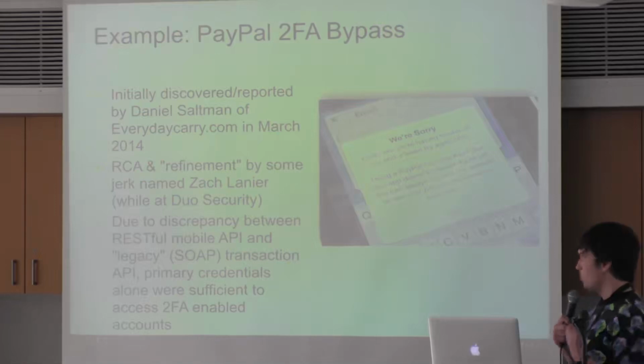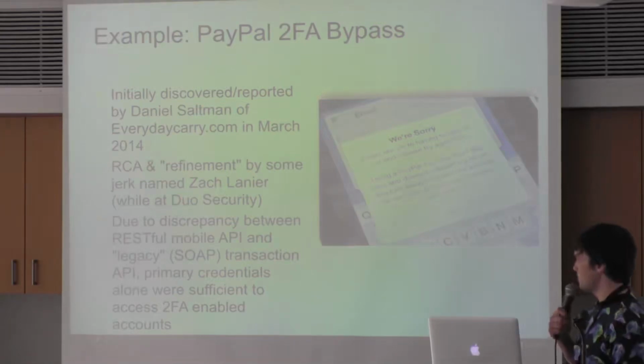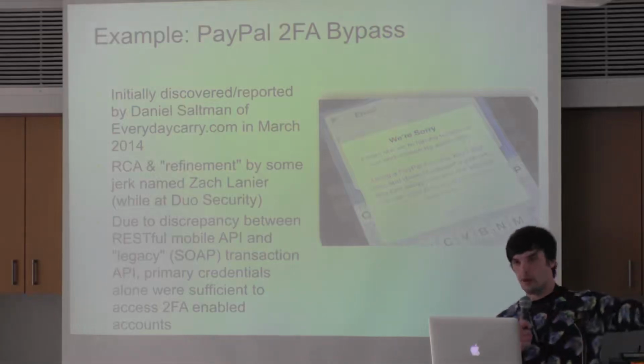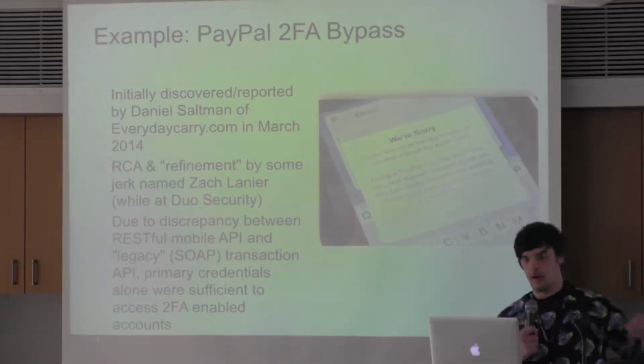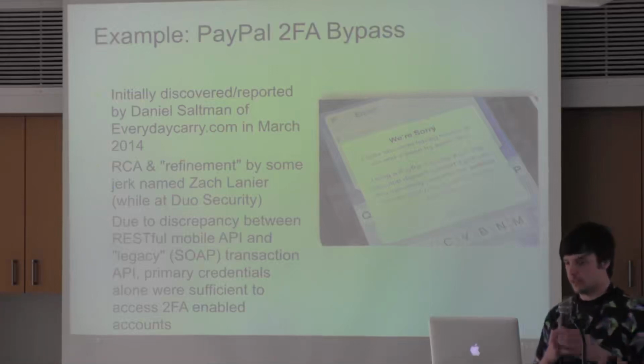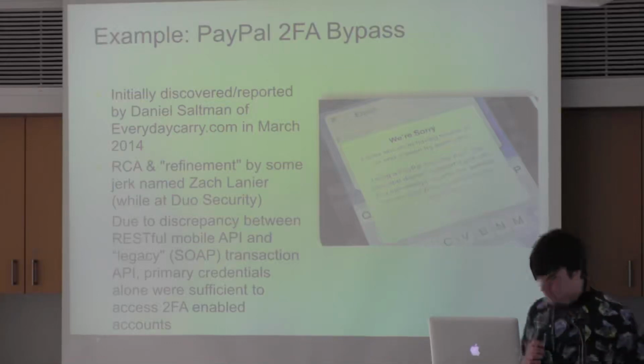Dan passed off some of this information so that we could help him refine this and do some root cause analysis that PayPal themselves failed to do. It was basically due to a discrepancy between their RESTful API 2.0 and their legacy SOAP-based mobile transaction API, that was really not supposed to be used by developers.